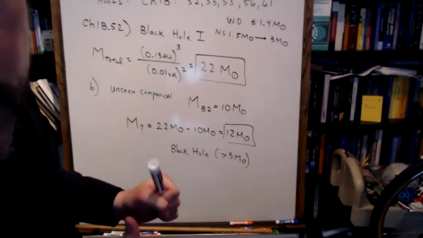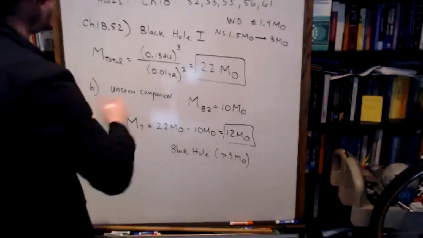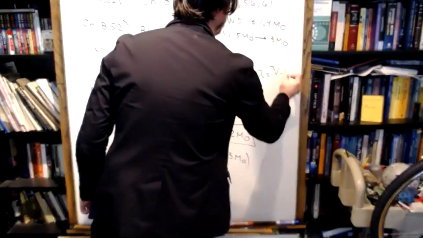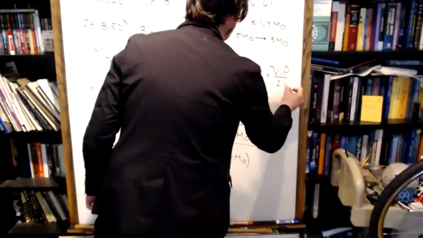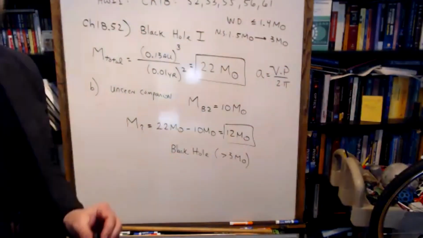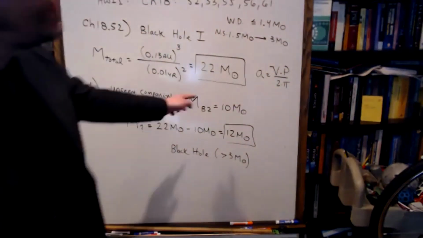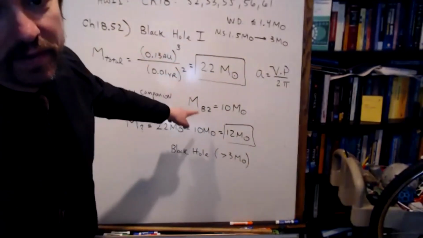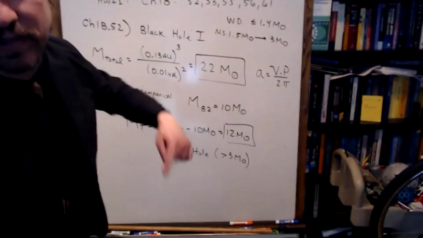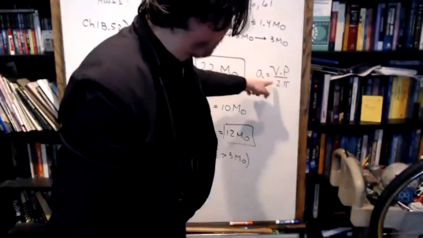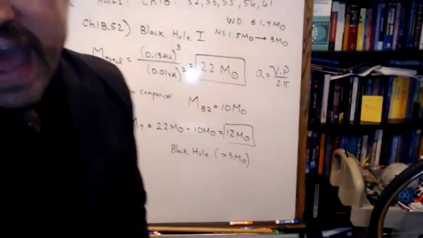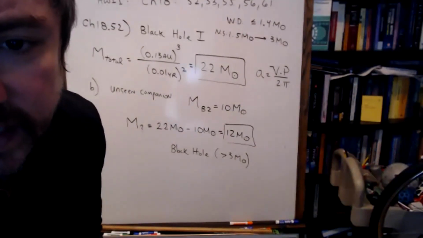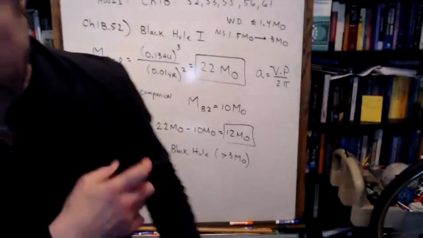And if you assume that the orbit is close to circular, you can calculate the semi-major axis based on the velocity and the period. So what likely happened with Cygnus X-1 is they probably used the Doppler shift to measure the velocity of the main sequence component. And then they plugged it into the period formula, and that allowed them to compute the radius of orbit. Now, I don't know the details of what they did on Cygnus X-1, but there's two different methods.